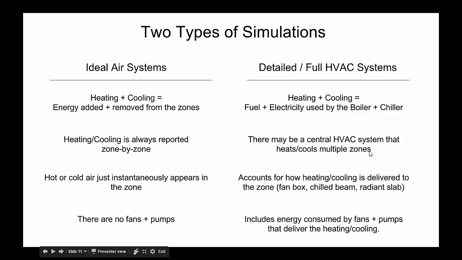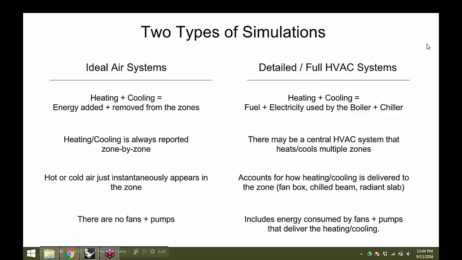Now I want to impart to you guys some of the knowledge that I've learned in working between these two systems, because I know there are probably a lot of people listening here who have only worked with ideal air systems and may say to themselves, why do I really need to model a detailed full HVAC system? What am I really gaining by that?